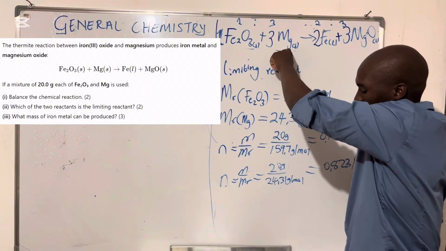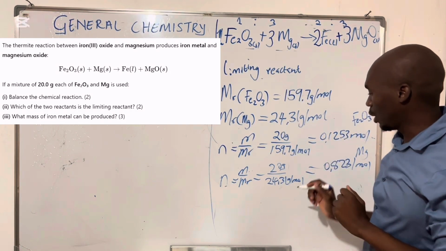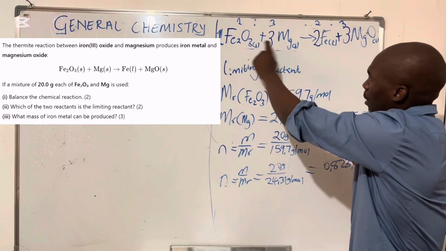So in other words, required mole of Mg will be simply the number of mole of this one multiplied by 3.